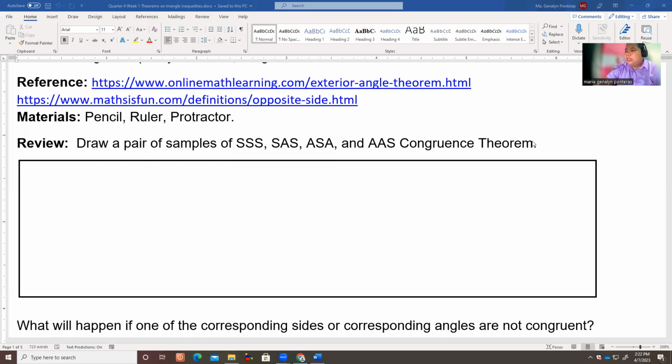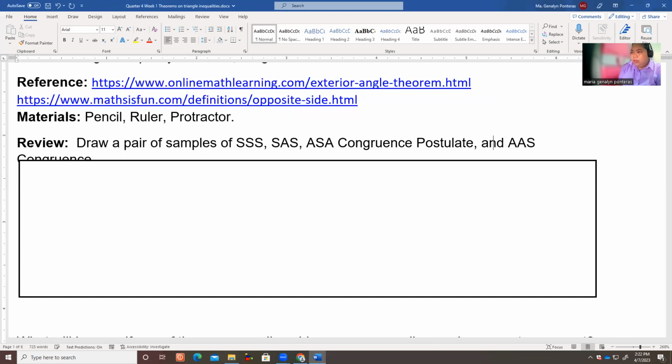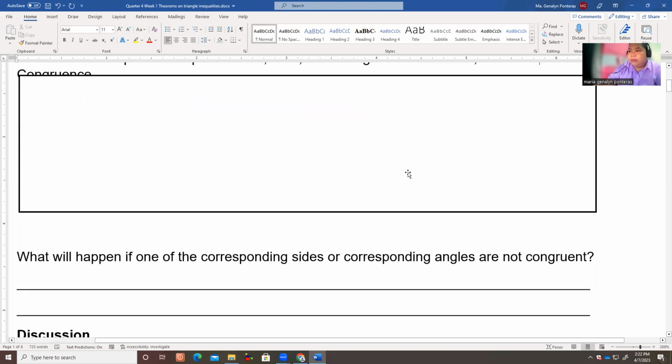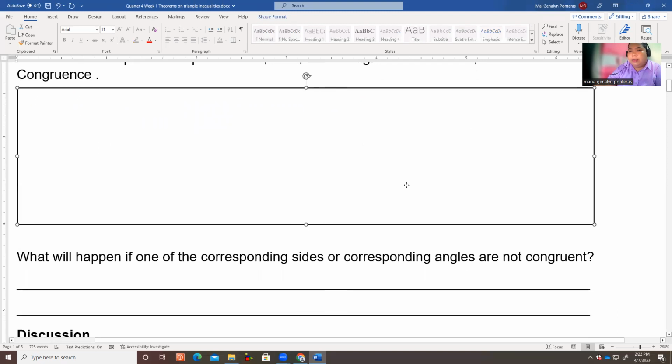Let me correct this one: it's the triple S, SAS, ASA congruence postulates, and the AAS congruence theorem.